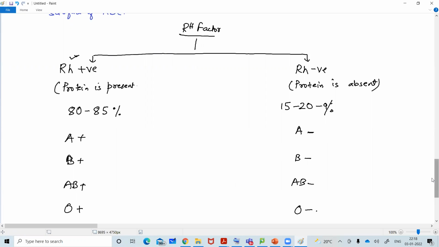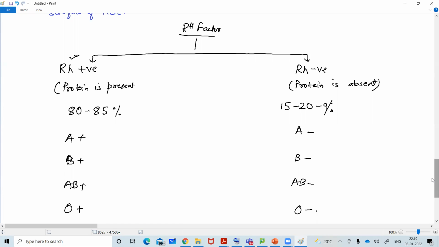Now the question is who will give blood to whom? So positive will give to the positive one, but it can't give to the negative one. Any reason why? Because the Rh positive protein is a dominant trait, but Rh negative is recessive? No, right? The answer is no. The answer is Rh factor, Rh plus means this protein is there.